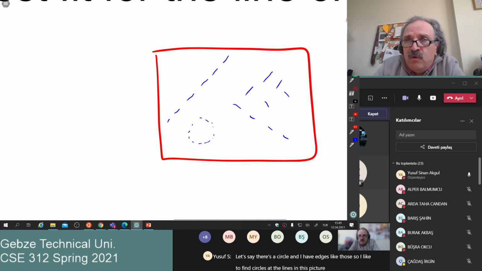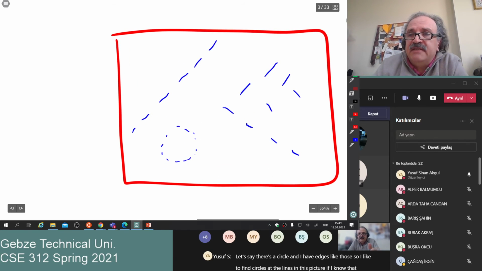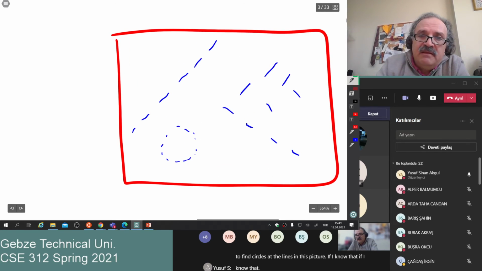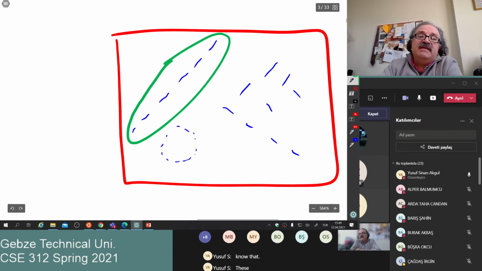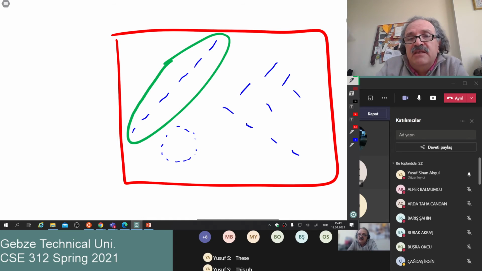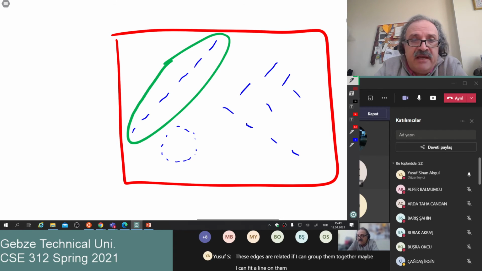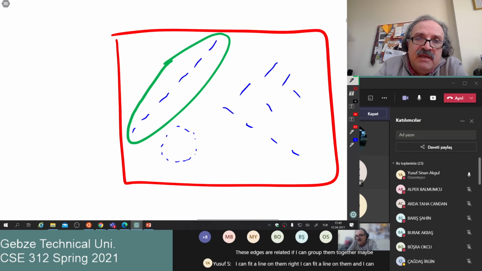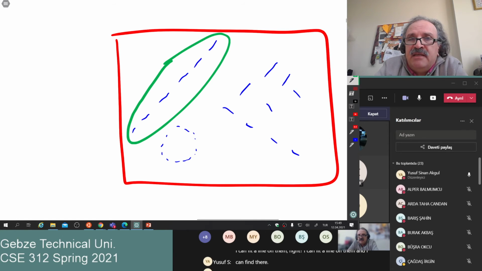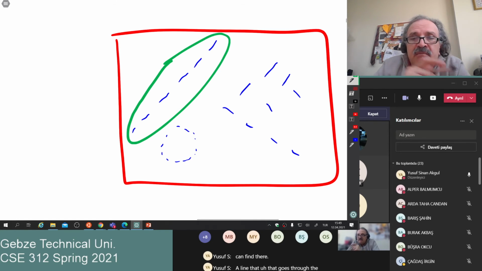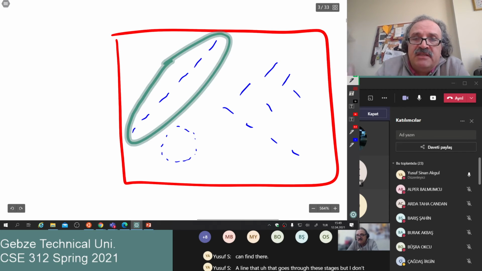If I know that these edges are related, if I can group them together, maybe I can fit a line on them, right? I can fit a line on them, and I can find the line that goes through these edges, but I don't know if they are related.